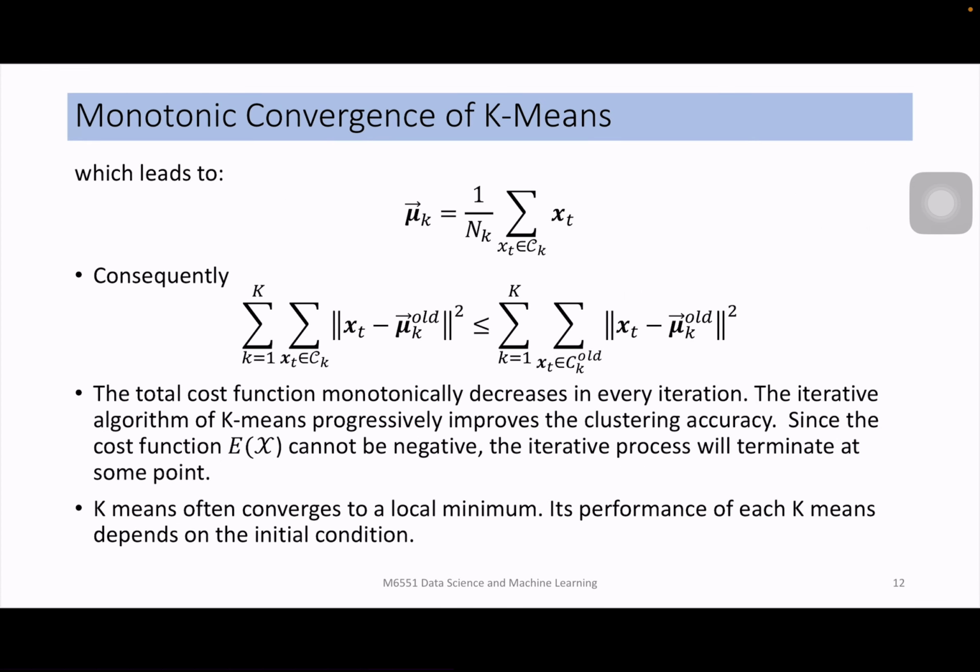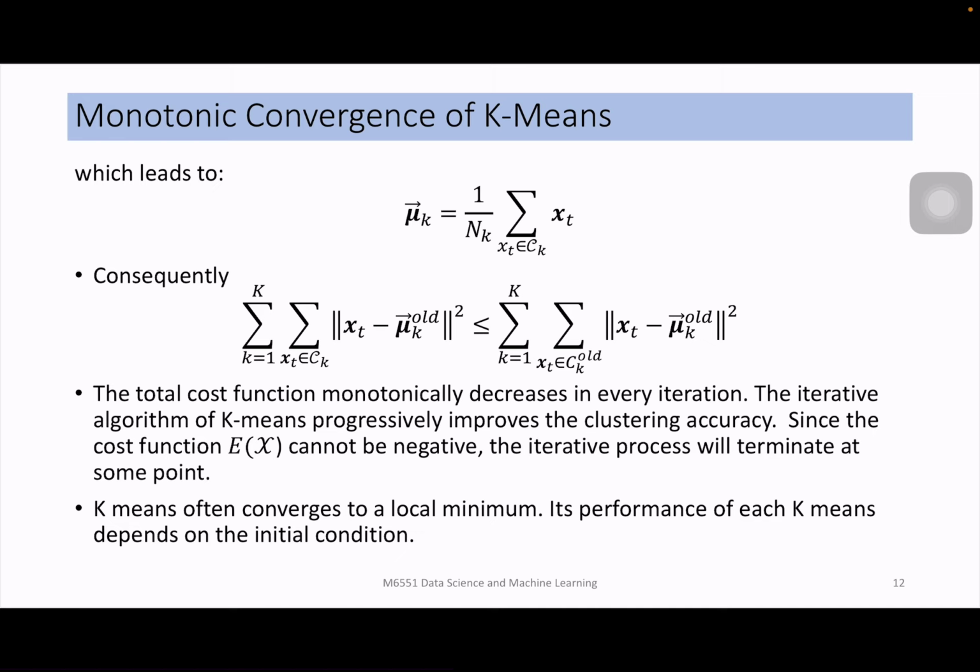So the monotonic convergence of k-means leads to mu k equals 1 over nk times the summation of xt encompassing Ck of xt. Subsequently, the summation over k equals 1 to K and xt in Ck of the norm of xt minus mu k must be less than or equal to the same with mu old.